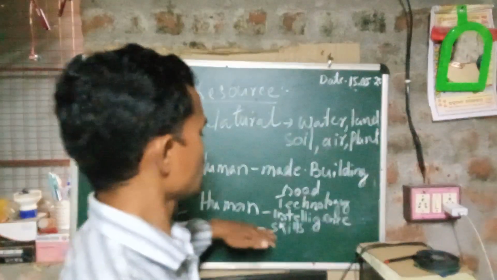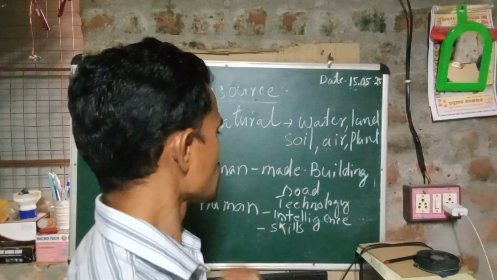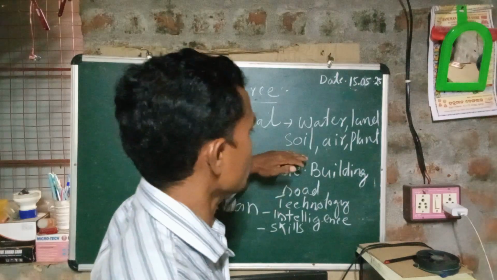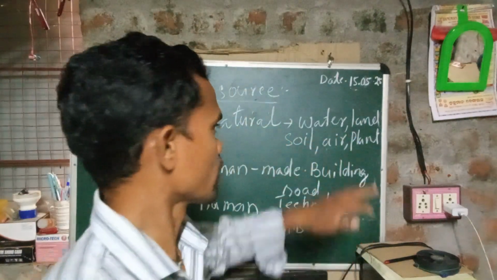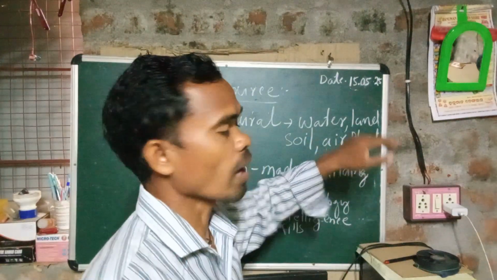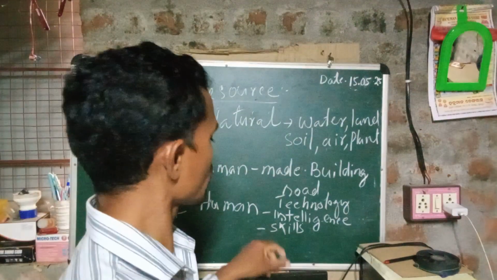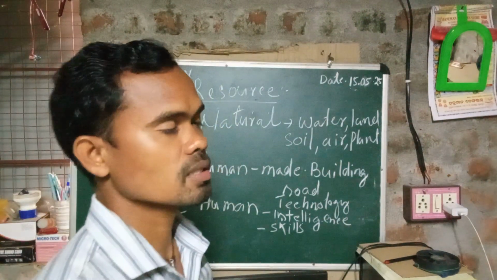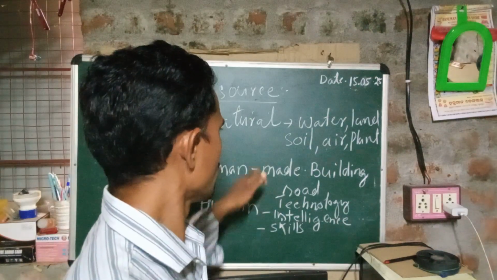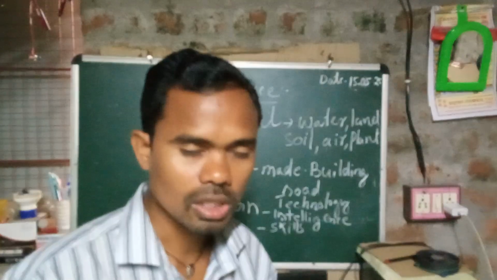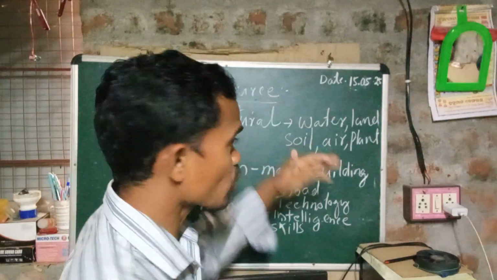So humans need skill and intelligence so that we can make use of this water, land, soil, plants. If there is no skill and no intelligence, this natural resource cannot be used and cannot be useful.